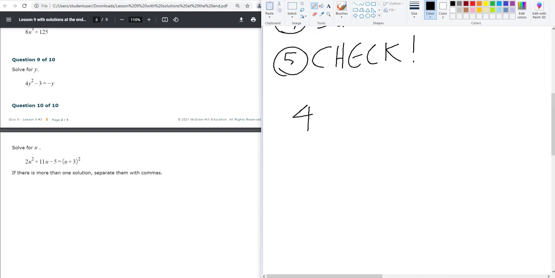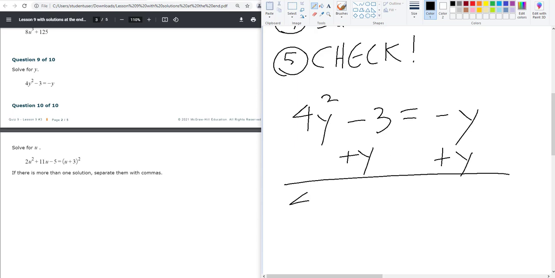So 4y squared minus 3 equals negative y. Well, that's not equal to 0, so I need to add a y to both sides. And in standard form, that y term is going to come second.